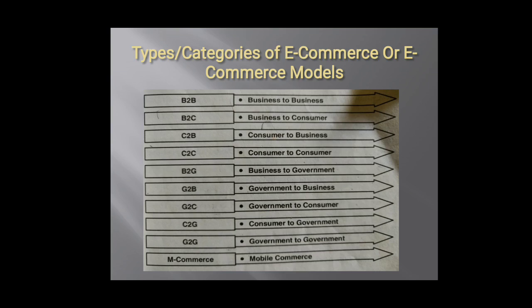Now next is government to business, that is G2B. The government offers varied options, solutions and services that can benefit business organizations. This IT initiative taken by the government encourages business organizations to practice paperless transactions for smoother and faster business.